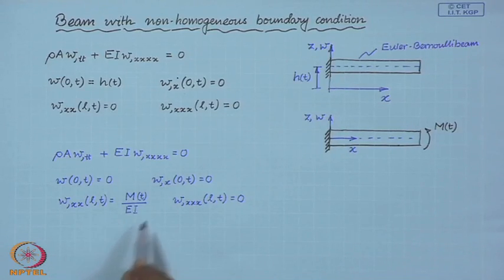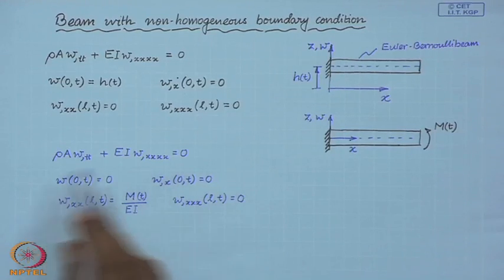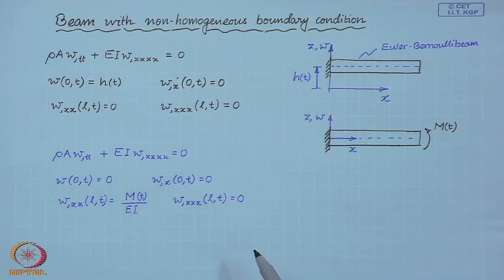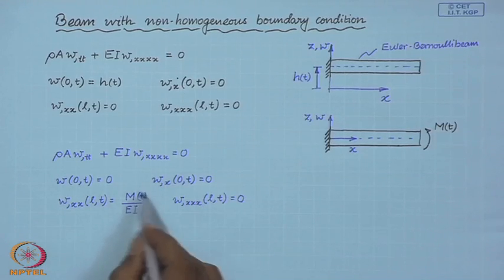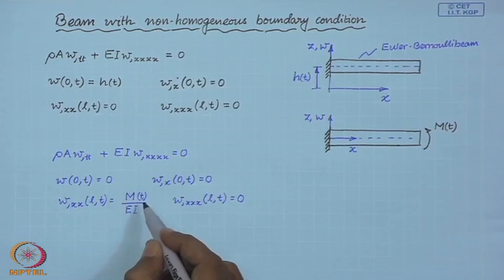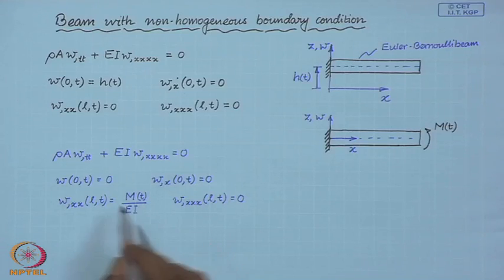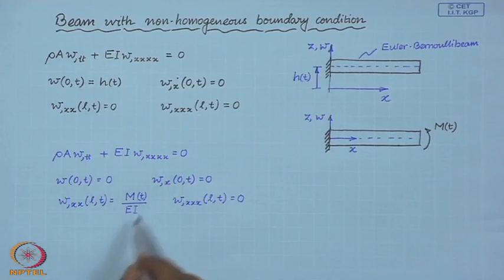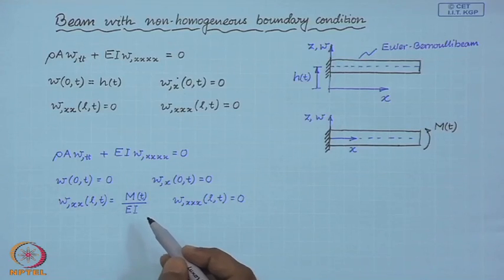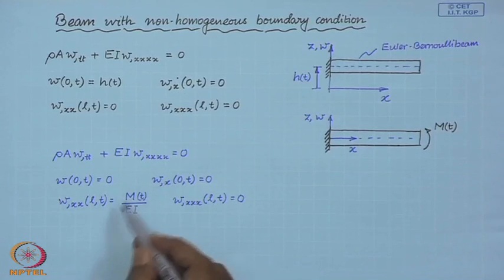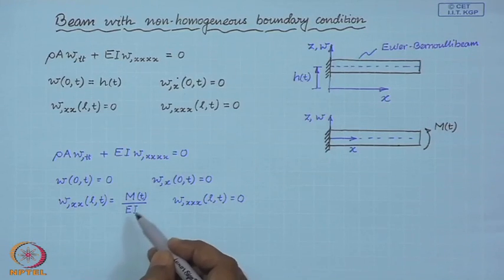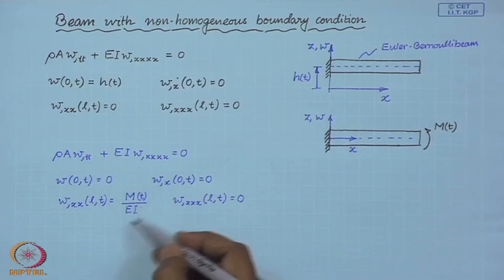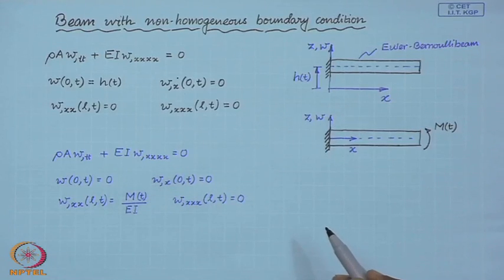So, this is another kind of non-homogeneous boundary condition where you have the force. Here it was the displacement, here it was the force. Now, when you have force, it is possible to include it in the equation of motion.